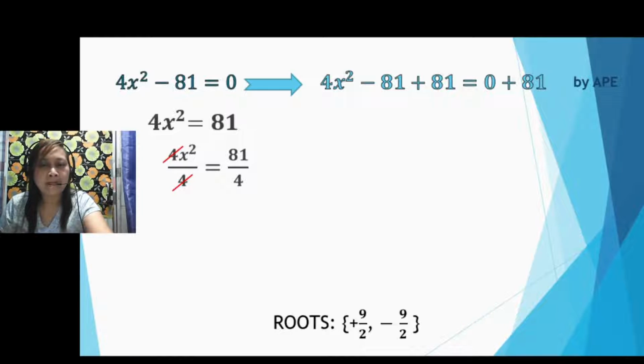Then divide both sides by the coefficient of 4 using the multiplication property of equality. And then the remaining terms are x squared is equal to 81 over 4.